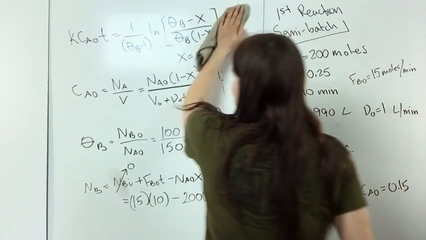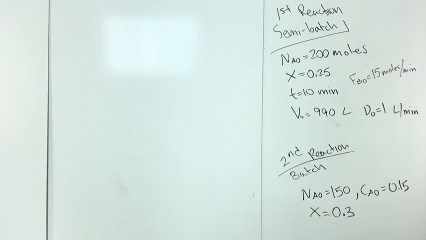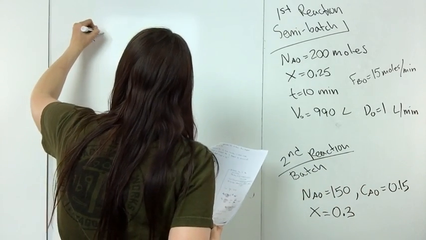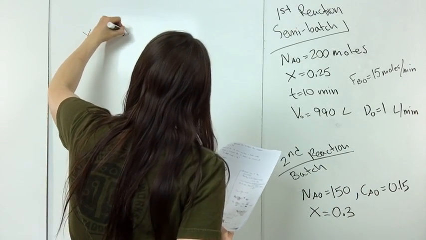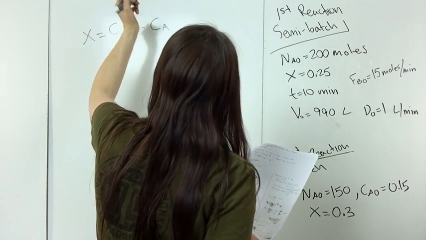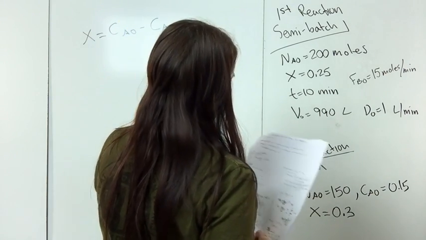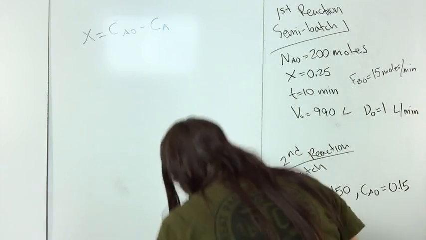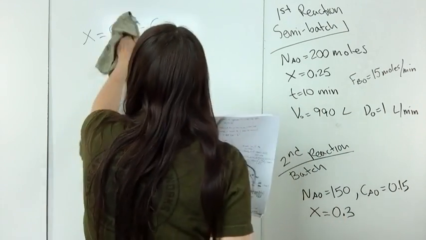So I'm going to erase this. But the overall, so the equation for x is Ca naught minus Ca, like whatever your final is. In this case, this is actually moles.